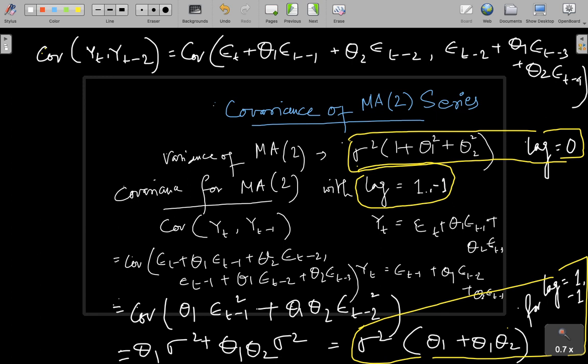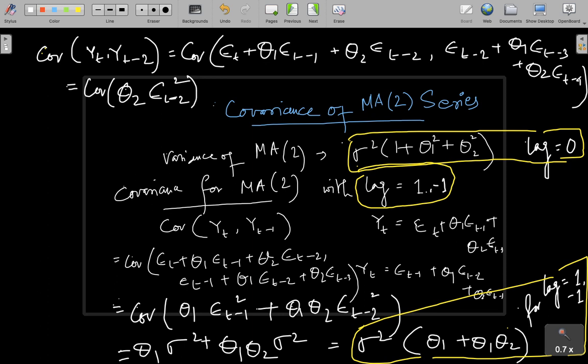Now if I multiply them, the epsilon t terms cancel out, in fact all the terms with epsilon t cancel out, and epsilon t minus 1 terms cancel out as well. The only thing that will remain is theta 2 epsilon t minus 2 squared.